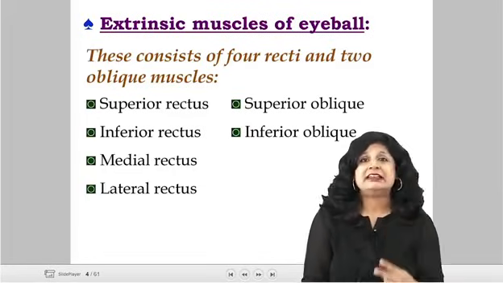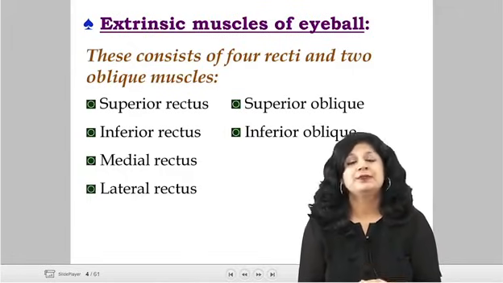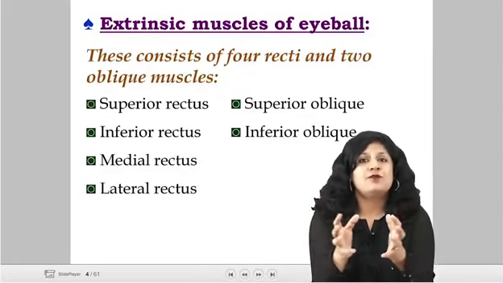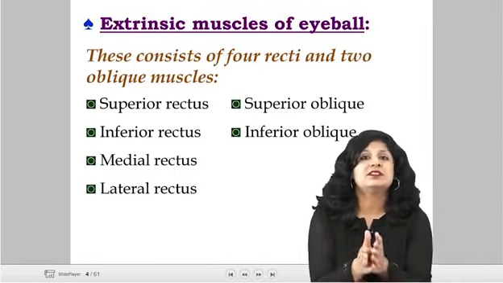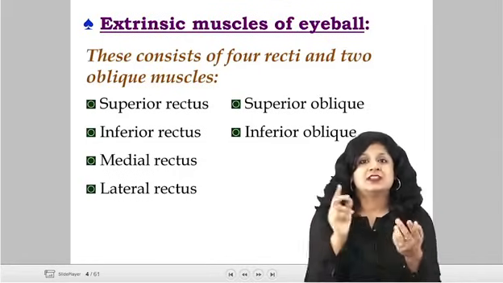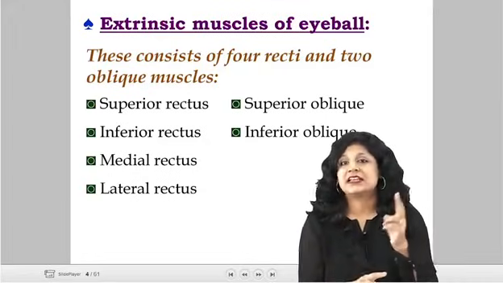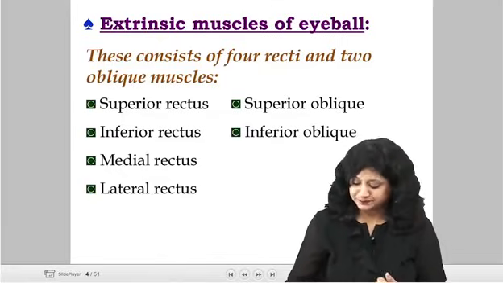So we have converged our discussion mainly on these: the superior rectus, inferior rectus, medial rectus, lateral rectus, superior oblique and inferior oblique.